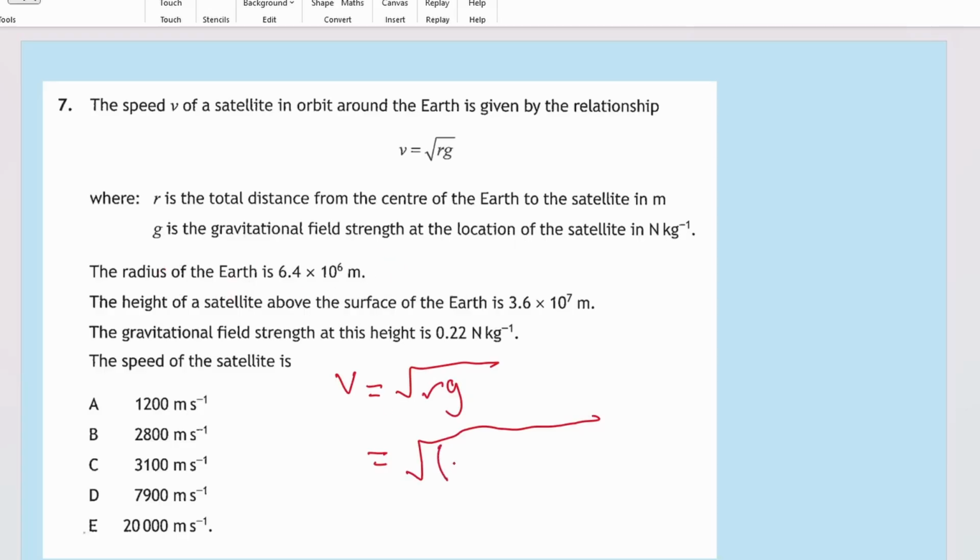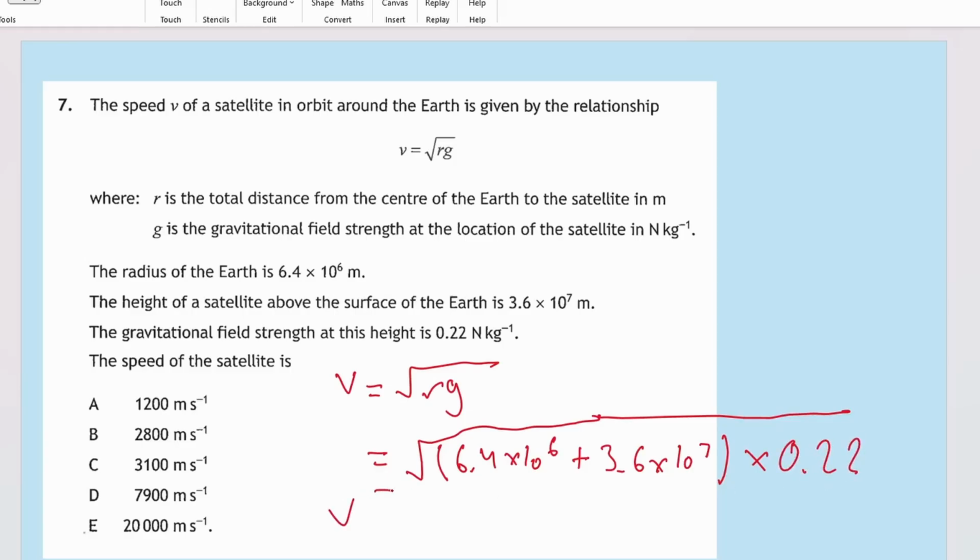So we do 6.4 times 10 to the 6 plus 3.6 times 10 to the 7 in brackets, and then we can do times the gravitational field strength at the location, which is 0.22, and v works out to be 3,054 meters per second, and that rounds up to answer C, 3,100 meters per second.